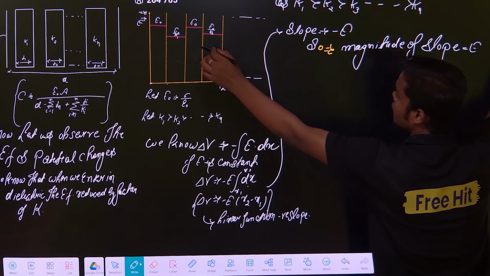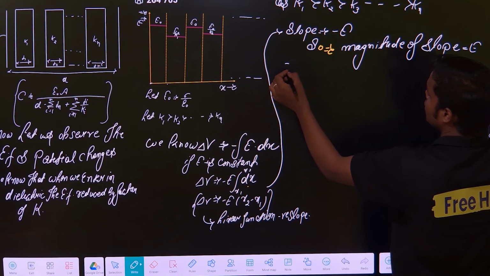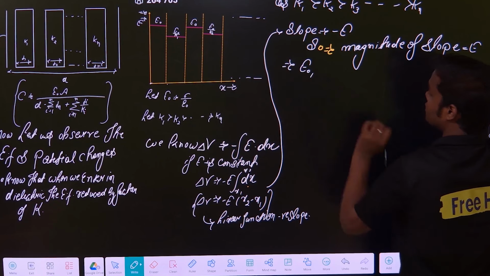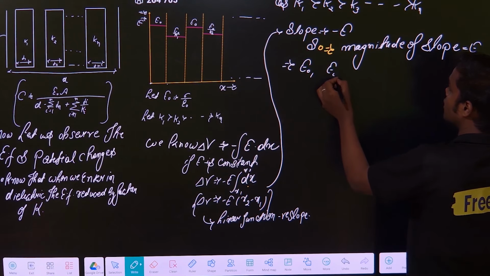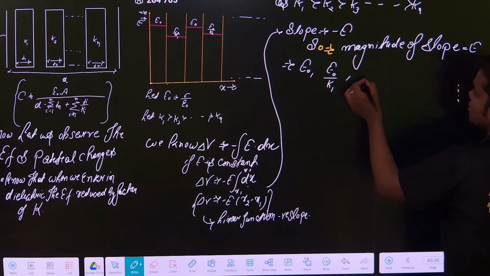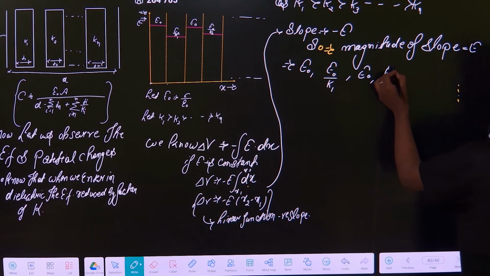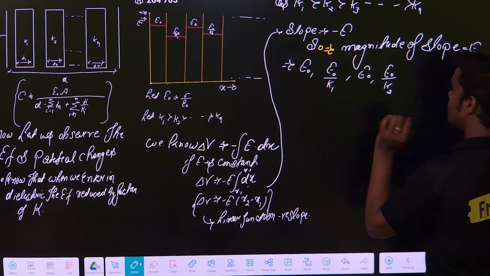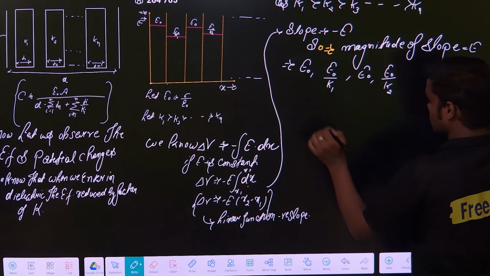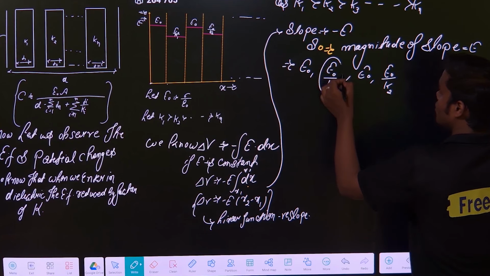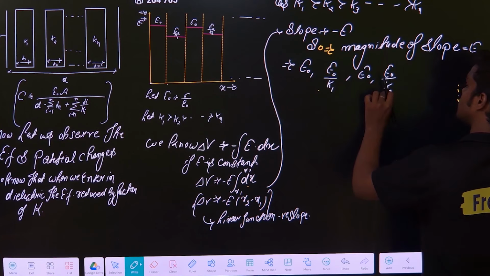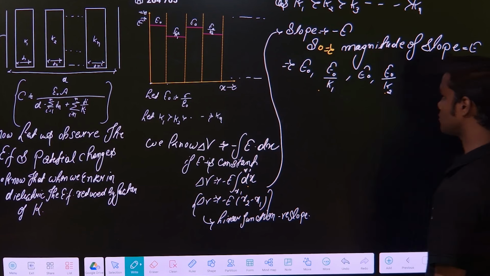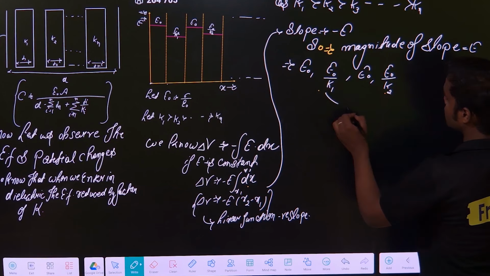Now in the first region, air, what is the electric field? E naught. Correct. In the second region, what is the electric field? E naught by K1. In the third region, E naught again, then E naught by K2. Like this. Clear? Any doubt? If it is like this, now tell me one thing. Is this value lower than this or greater than this? I am comparing these two values.